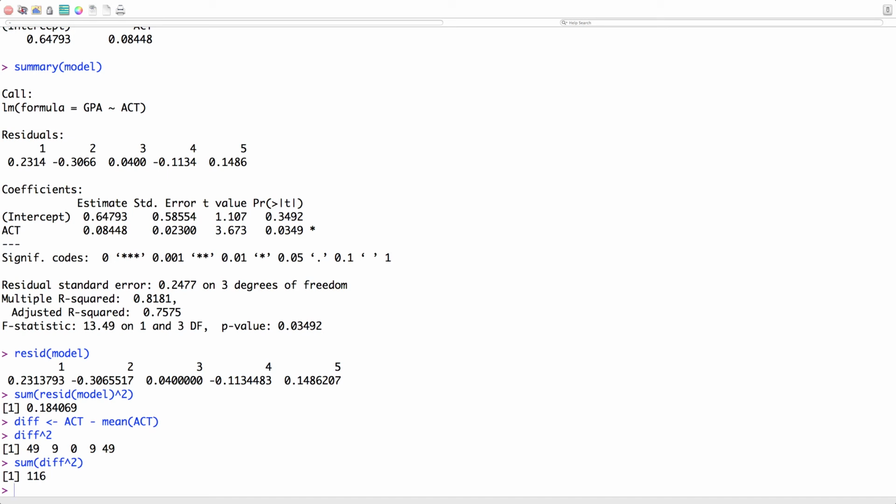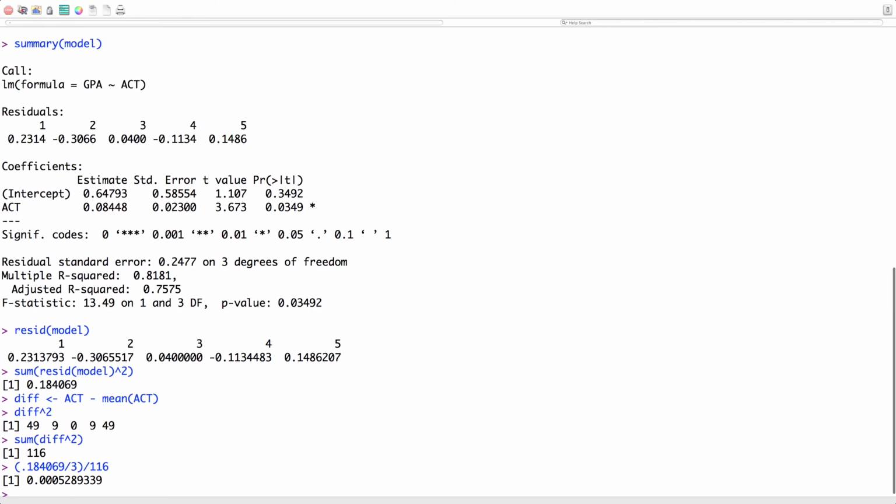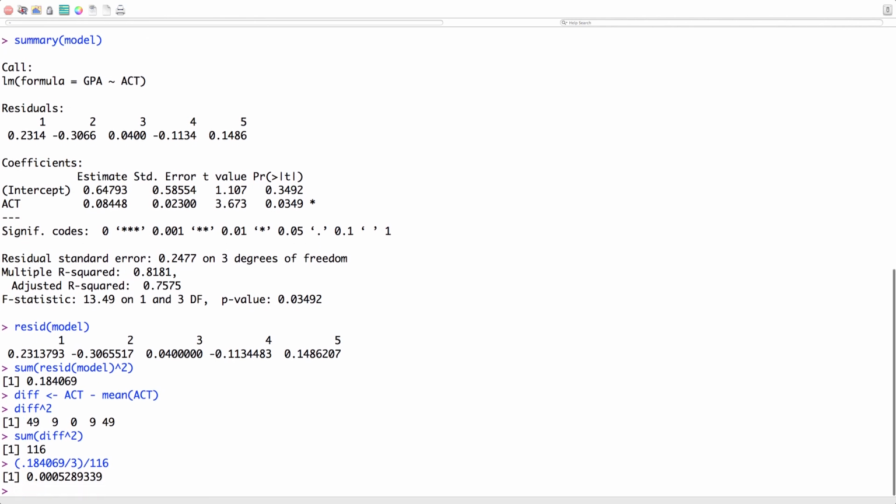We get a summation of 116. So guys, putting everything together, we need to take 0.184069 divided by 3, divided by 116, and we get 0.000528.